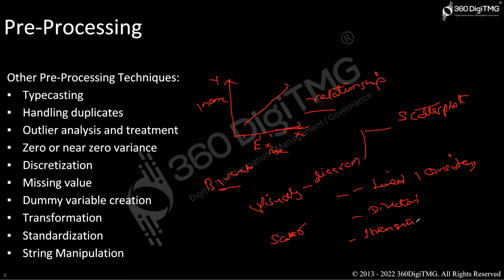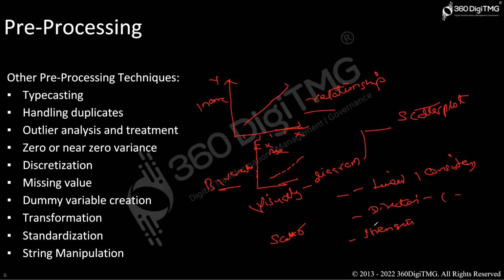Linear consistency means when the X value is increasing, what about your Y value? Does it keep increasing or not? Direction could be positive or negative.